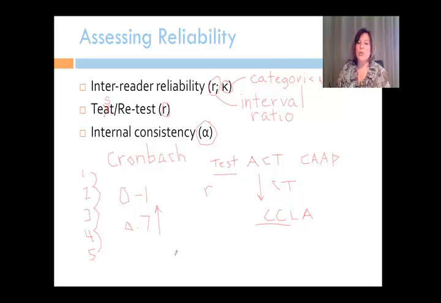If you don't have the 0.7, you might be able to alter what's in the questions that are in the index to try to improve the internal consistency. The results should provide how each item contributes to the total score.